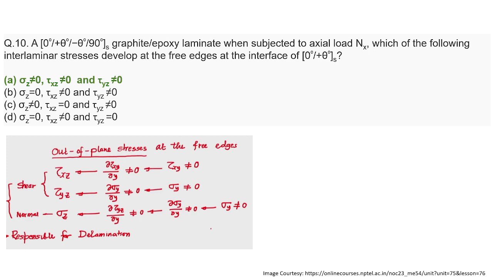So when there are laminas which have the direction of the fibers in all the directions, there will be stresses in all the directions when the whole laminate is subjected to any axial load. So there will be non-zero values of all the in-plane stresses, and because of that the out-of-plane stresses will also be non-zero. So for this, the first option is the correct one, that all the values of the out-of-plane stresses will be non-zero.